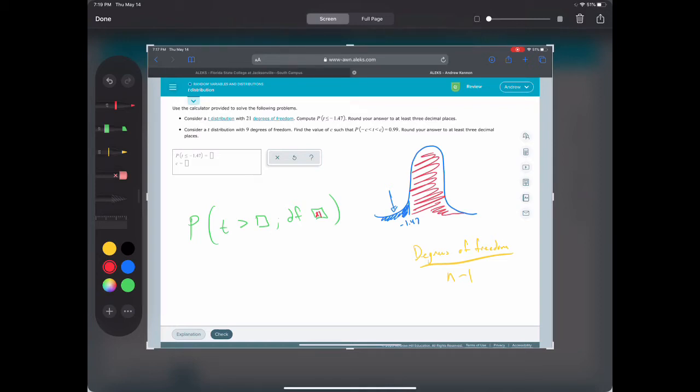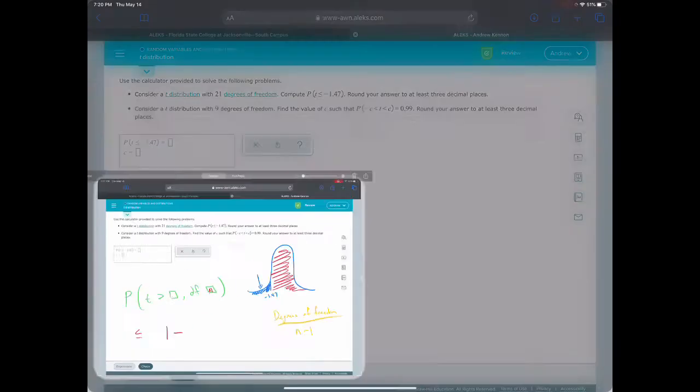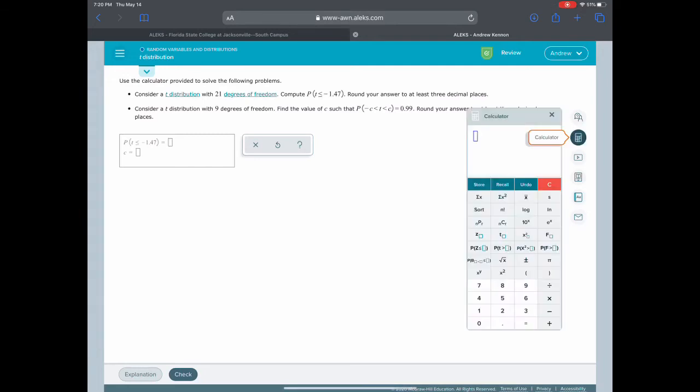Everything under the curve has to equal 100% or 1. So to find the less than or equal to part, we're going to do 1 minus. Anytime you see less than or equal to, you have to do 1 minus to figure out your answer. So in the calculator, we do 1 minus the probability of t.